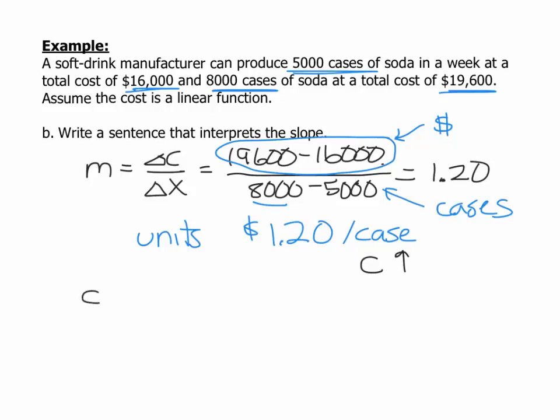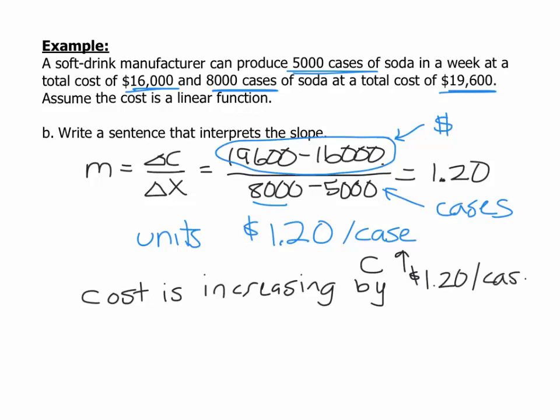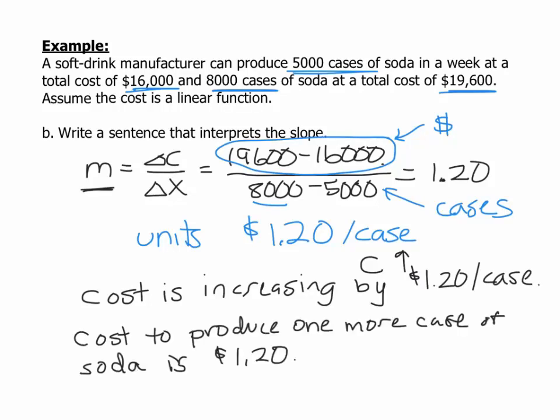And so we could say that our cost is increasing by $1.20 per case. So a second way we can write this is we can say that the cost to produce one more case of soda, that's that idea with the marginal cost, is $1.20. A third way we could say it is the cost per case of soda is $1.20.